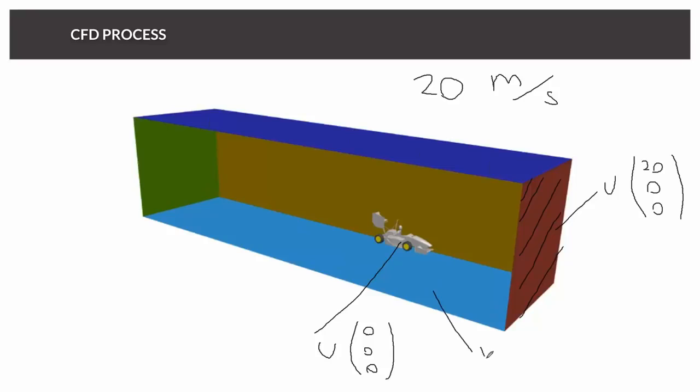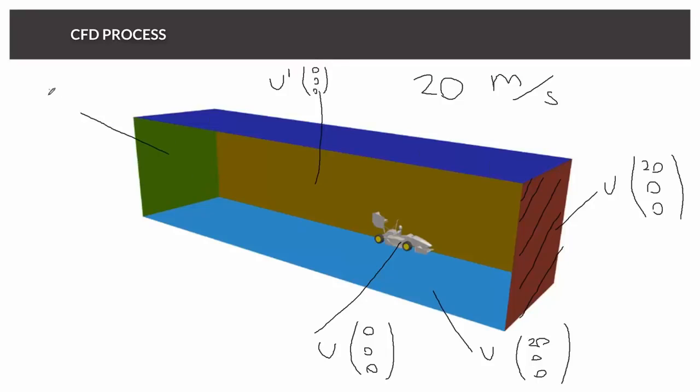The floor: we have no relative velocity between air and floor. Don't forget, the car is driving through the air, not the other way around. So they necessarily need to have the same velocity vector. Then for the symmetry, we know that the gradient of U needs to be 0.